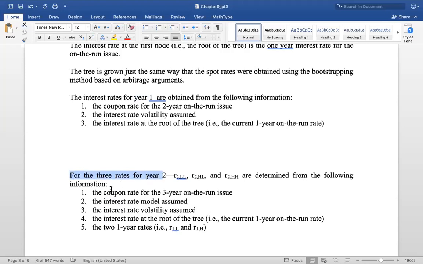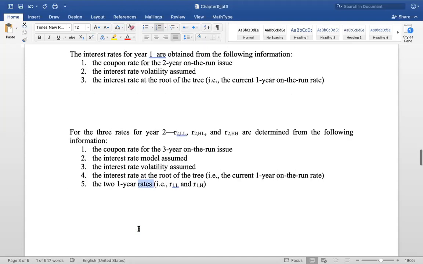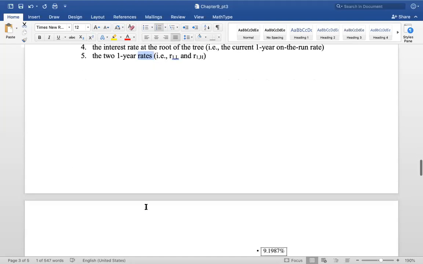Here we will need the coupon rate for a 3-year on-the-run issue, the interest rate model assumed, the interest rate volatility assumed, and the interest rate at the root of the tree, which is the current 1-year on-the-run rate and 2-year rates. So again, we will follow the same process.